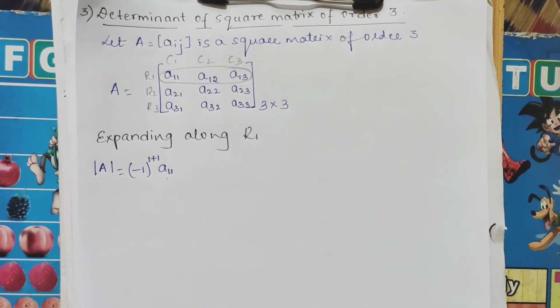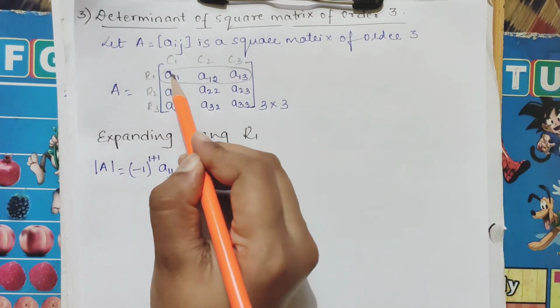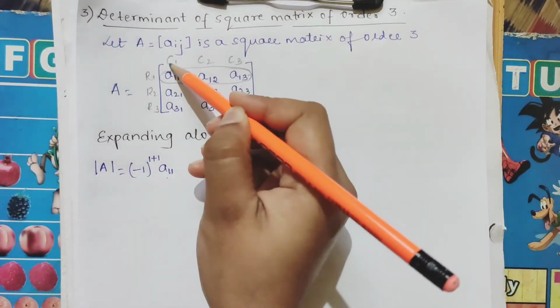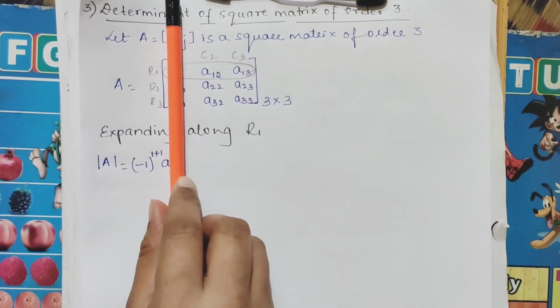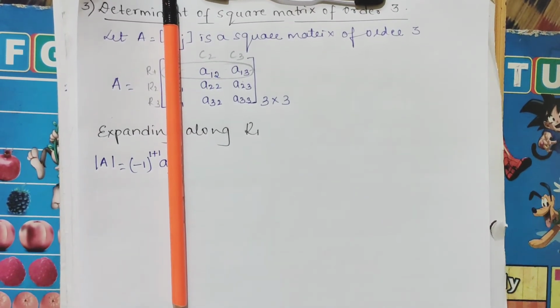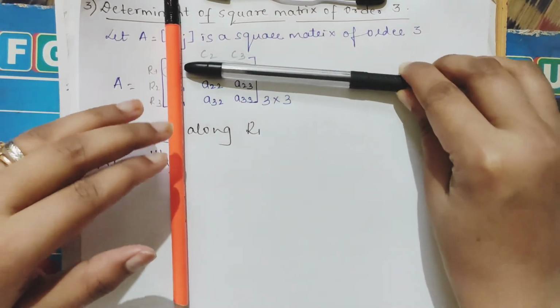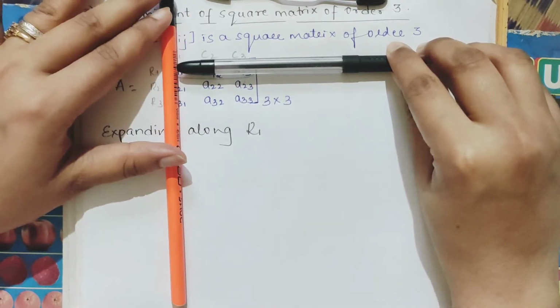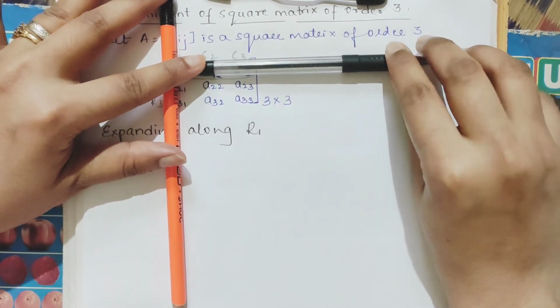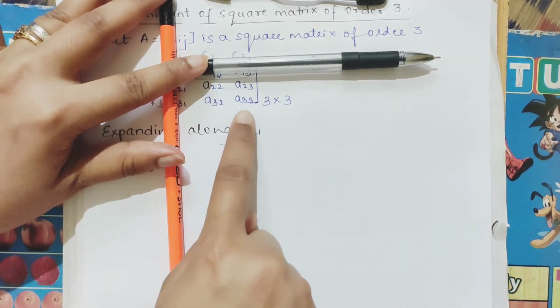Now see here. Where is A11? A11 lies in row 1 and in column 1. So you are deleting column 1 and you are deleting this row. After this, the remaining elements are A22, A23, A32, A33.